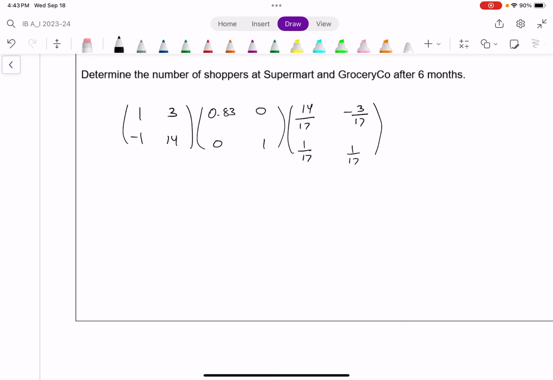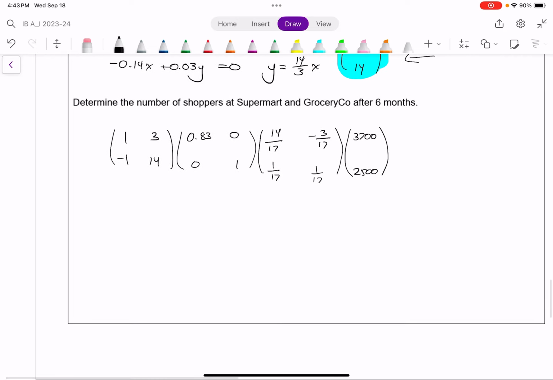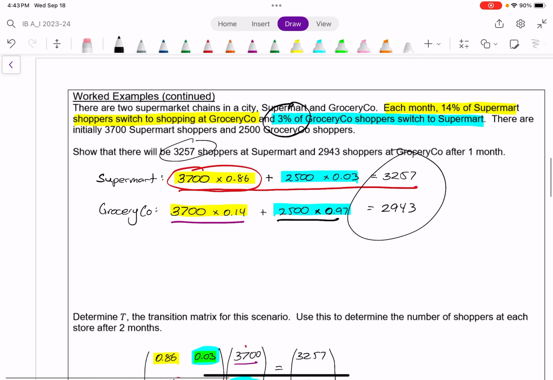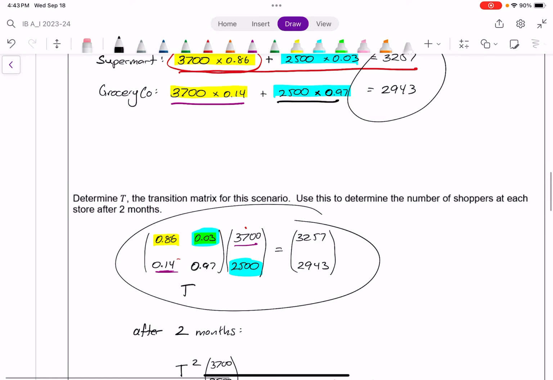And so if I multiply this by my starting amount, which was 3,700 for Supermart and 2,500 for Grocery Mart, if I was to do this on a calculator, it would just confirm what we did in the very beginning of the question. This will just give me the same work as what I did right here.